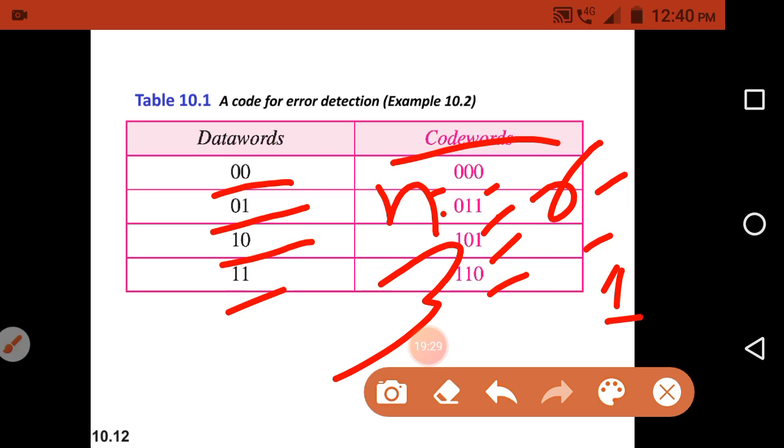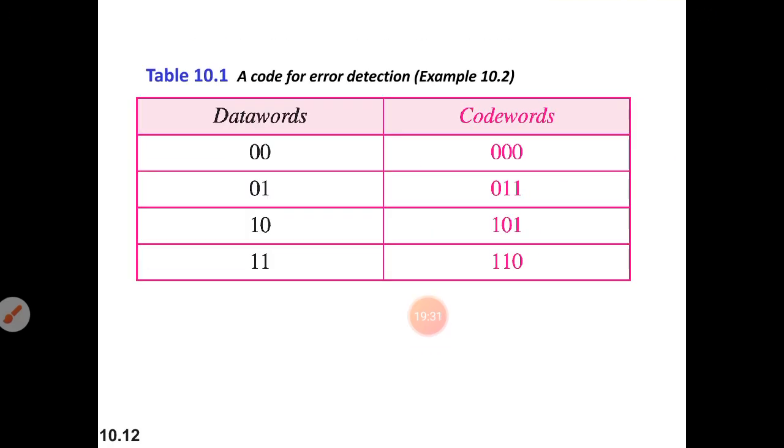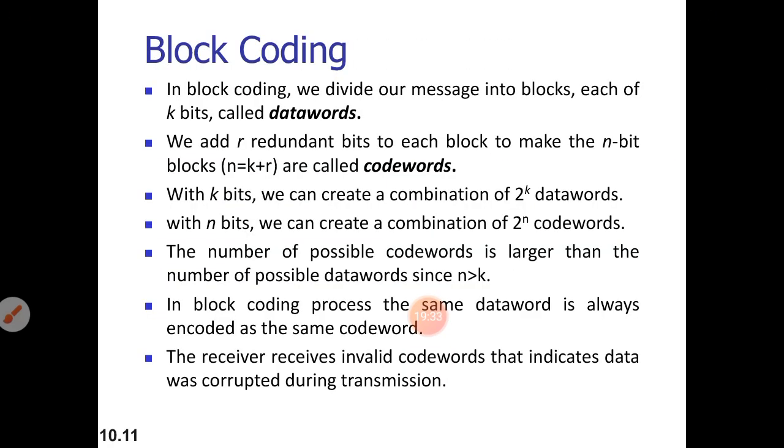Next, they told us that with k bits we can create 2 raised to k data words, and with n bits we can create the combination of 2 raised to n code words.